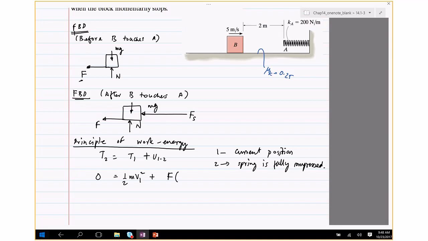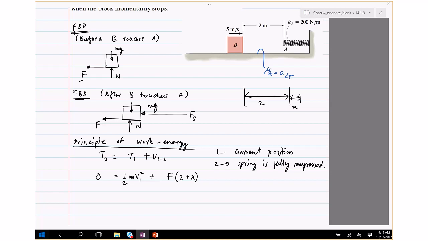Is it 2? So this is 2, and then the spring gets compressed by distance x. So what I claim is that the force of friction acts for distance 2 plus x, right? Because even when it is compressing the spring, friction is slowing down the block.